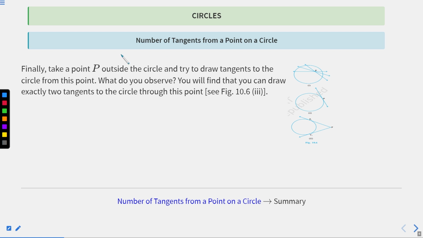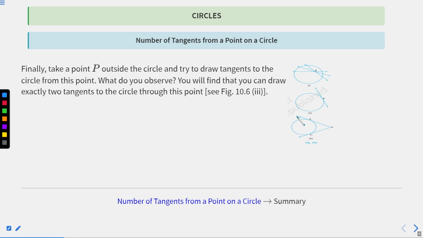Here we get 3 cases. In the first case, if we take the point P inside the circle, we will get lines which intersect the circle at 2 points, and therefore it is not possible to get a tangent to the circle.